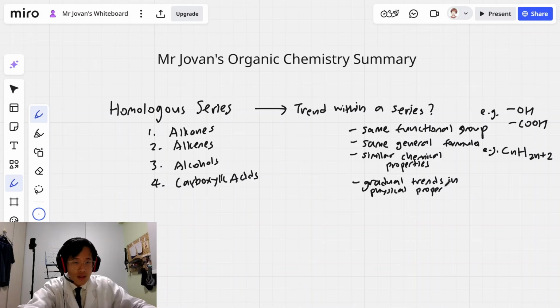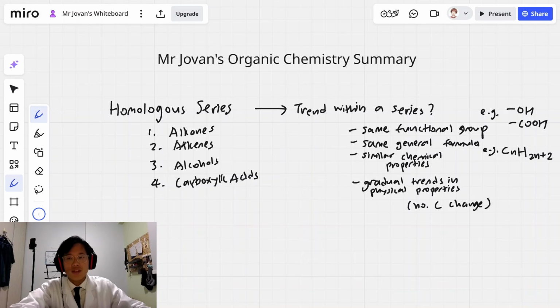As the number of carbon atoms increases across the homologous series, there will be a change in the physical properties. So these are the 4 things that you must know within a homologous series.